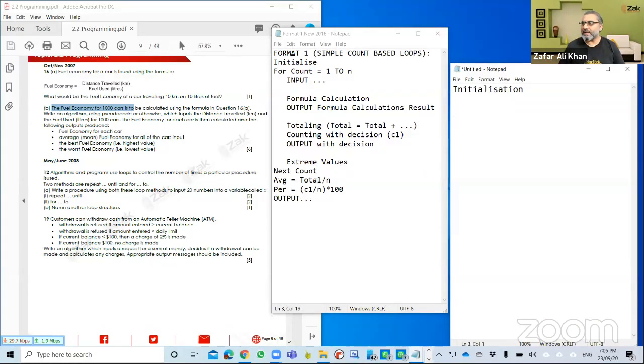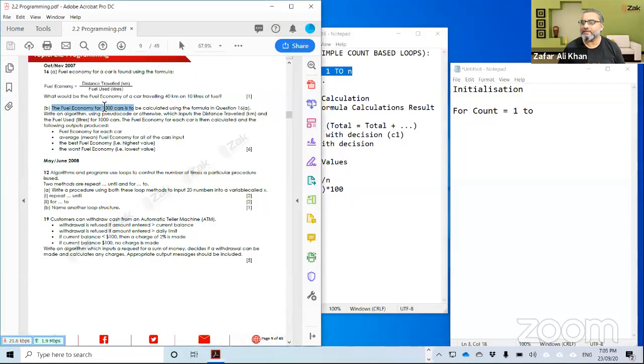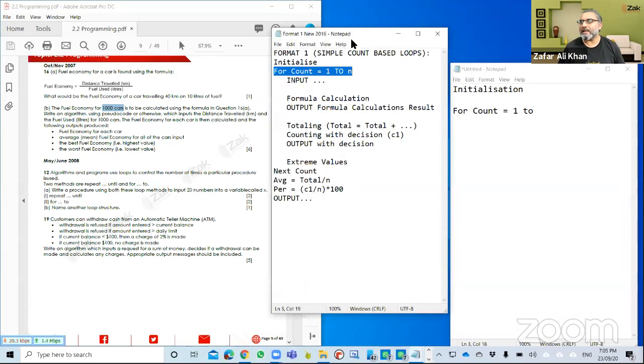So initialization done. Then for count is equal to 1 to n. What is n? 1000 cars.